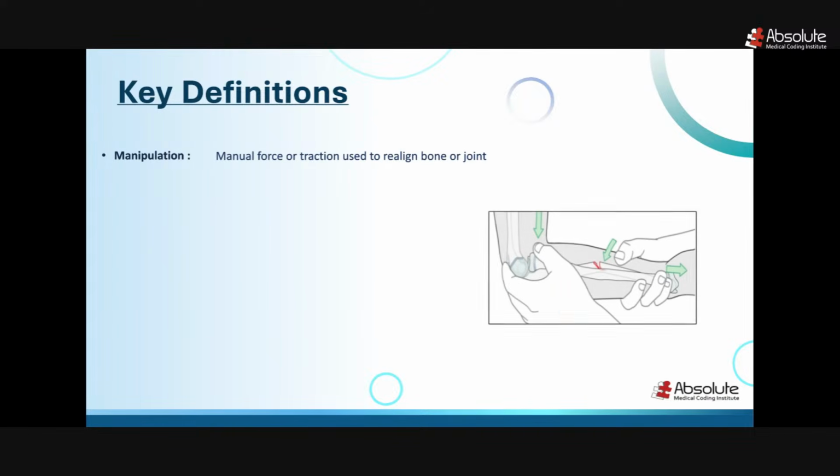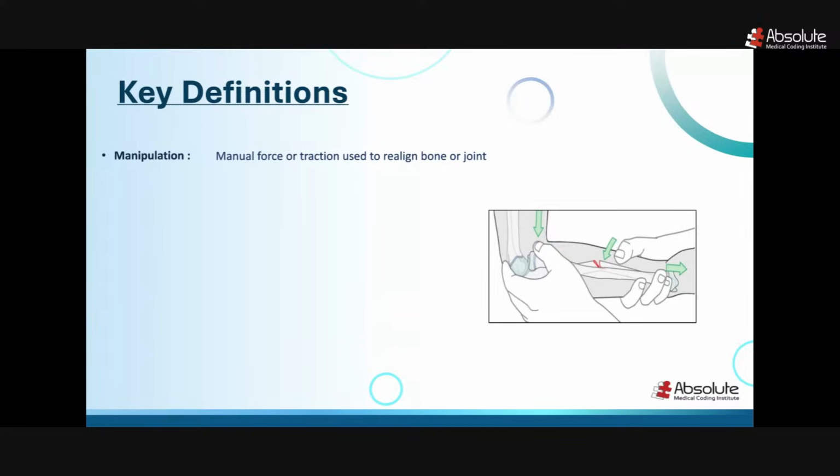Okay, now let's have a look into some of the key definitions which you must know before moving into the fracture coding section. So first comes manipulation. Now, what is a manipulation? Manipulation is basically reduction of a fracture or dislocation by using manually applied forces or traction to get the bones lined up properly.